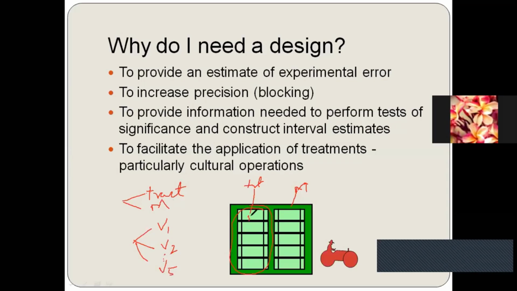So I can put different varieties here: V2, V1, V3, V5, and V4. That's why the variety goes into the small plot and the ploughing exercise goes into the larger plot size. So that is the need of the plots, the need of the cultural operations.